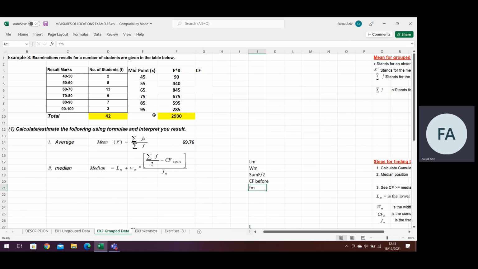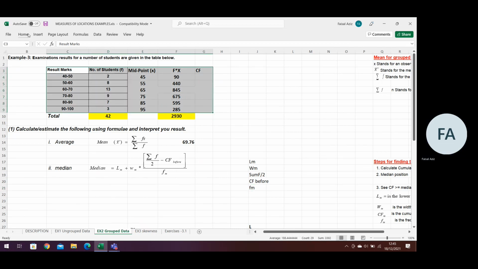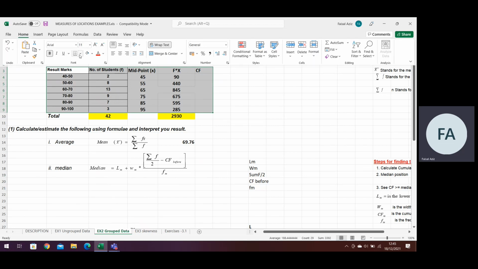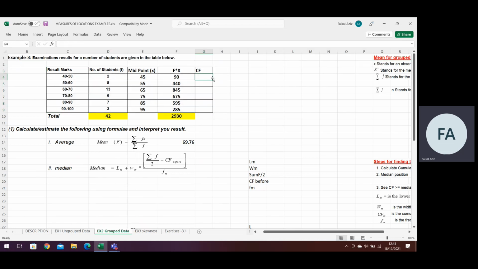In group data, first of all, we need to identify the median class, but before that, we need to calculate cumulative frequency. I'll show you how we can calculate it. The first frequency is 2. It will come as it is.